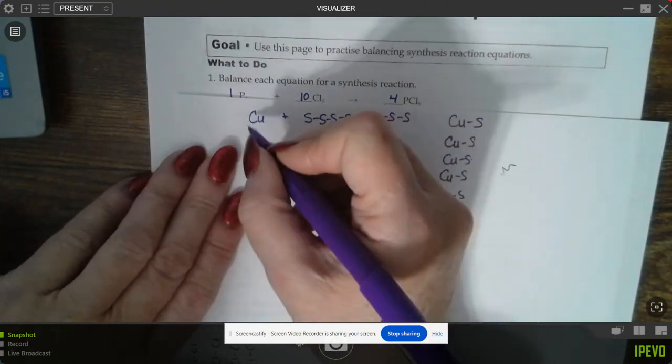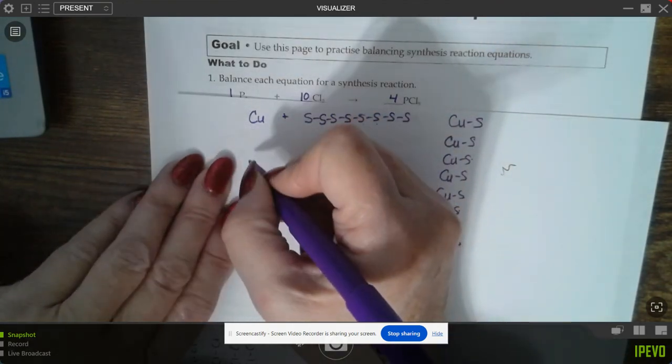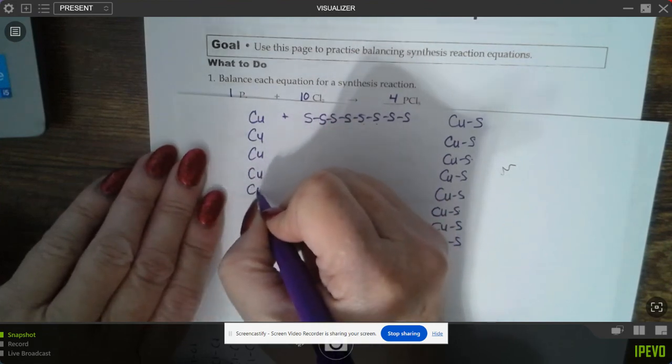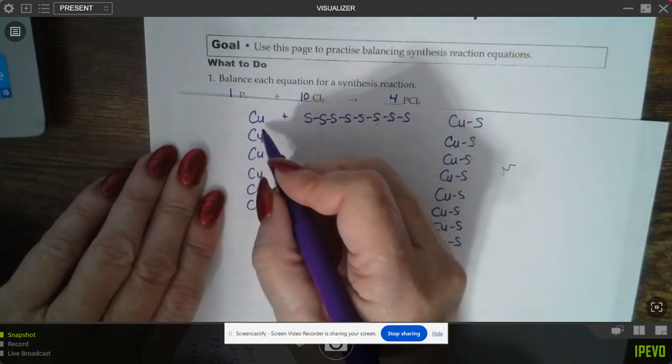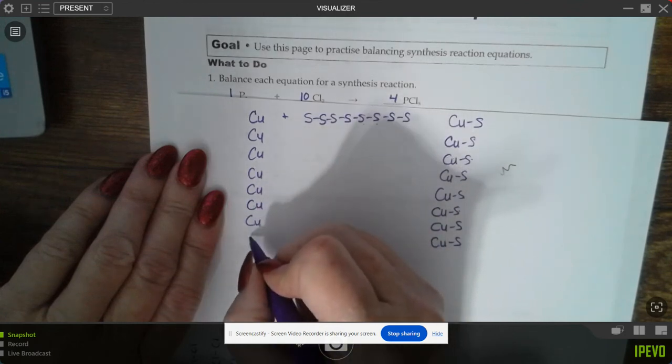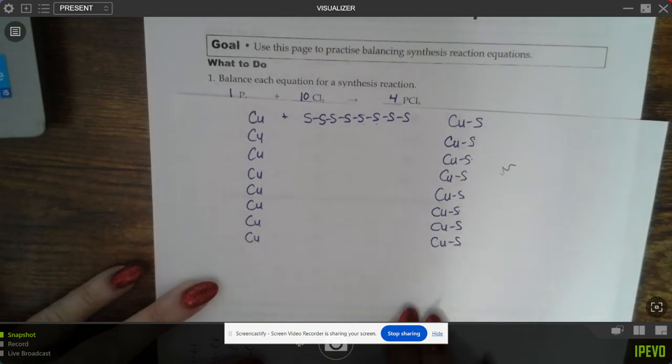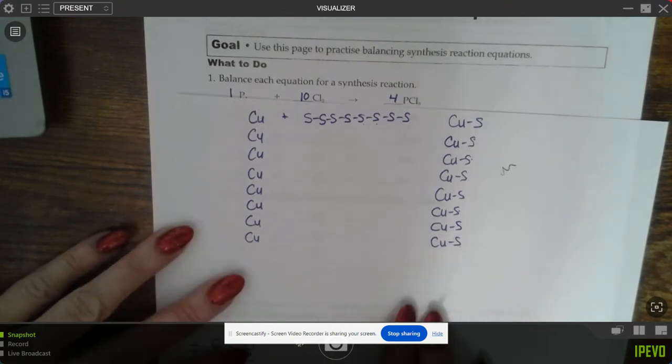Now, when it's just an element, I don't know if it's necessary for you to write this out. I certainly would not require you to. I don't need you to show any work for balancing, but if you really like that visual, that's absolutely fine.